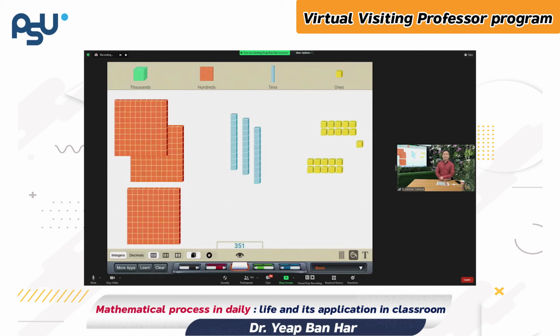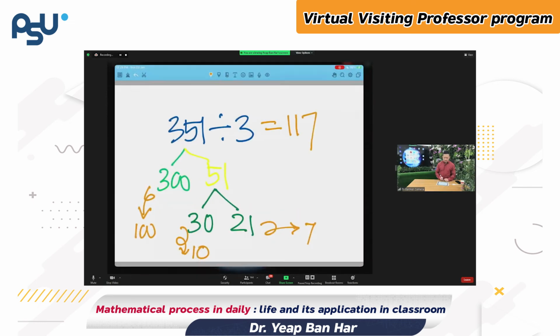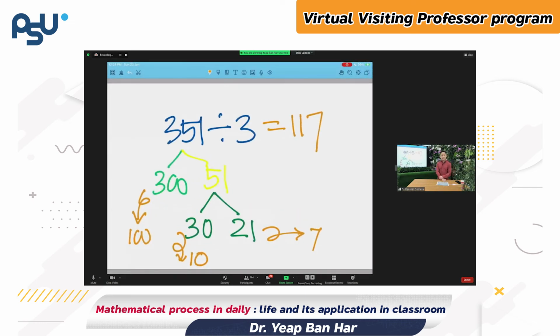Today's topic is all about mathematical processes that we do often in everyday life and what it means to teachers in the classroom. So far, we look at 2 major ones that we do all the time, in everyday life, but also in mathematics. Solve a problem and visualize, right? And that's the way we want students to have the right mindset.